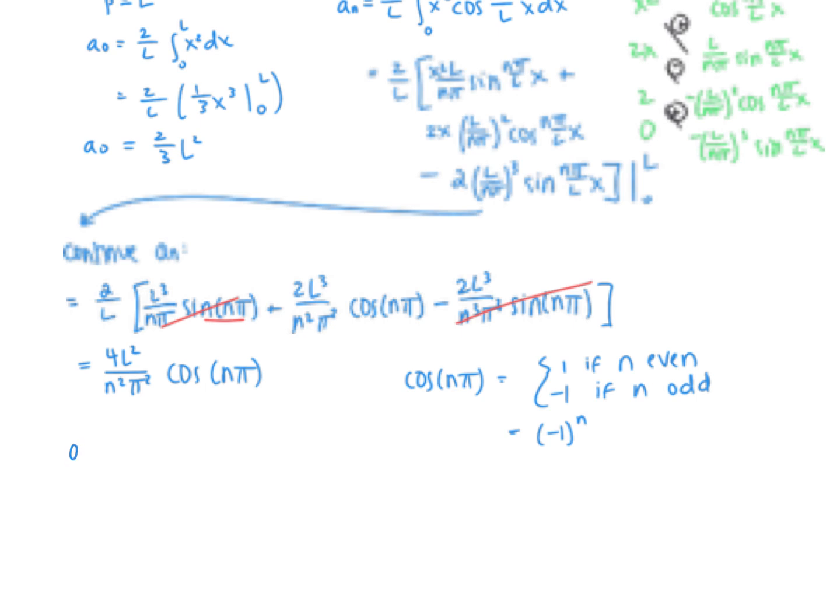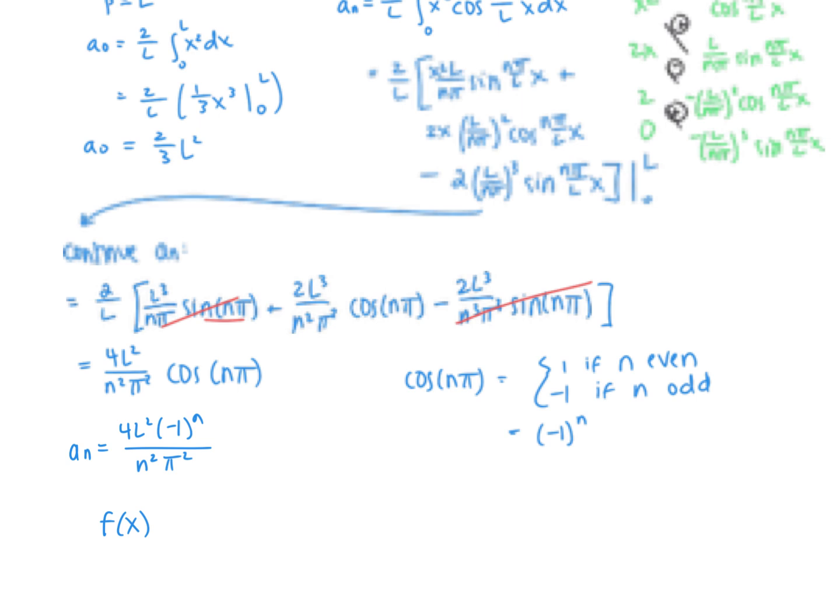So then where that leads us is that our a of n is 4L squared times -1 to the n over n squared pi squared. So finally, we've gotten to the point where we can actually write this as a cosine series.